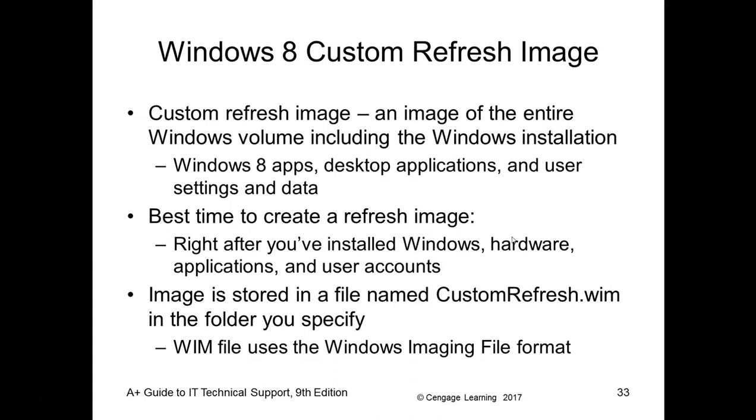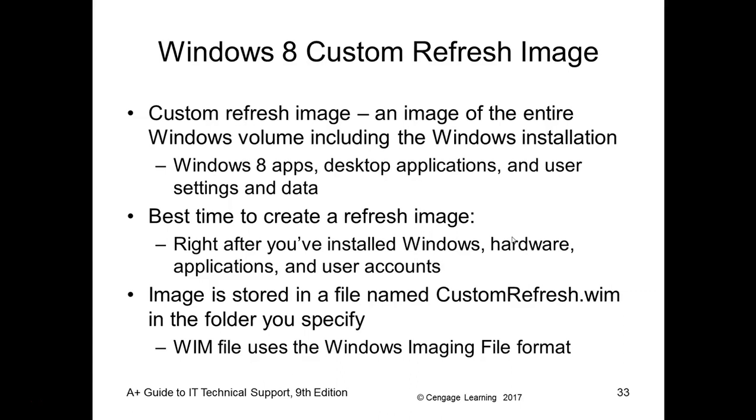The best time to do this is right after you've done your installation, you've installed all the hardware, software you need, and created the user accounts. Basically, the same time that we talked about doing that baseline is the same time you'd want to create an image, because that way, if something were to happen, you have a base image to come off of. Then as you start to add things to your system and it's still performing optimally, you can go ahead and recreate or update that image as well.